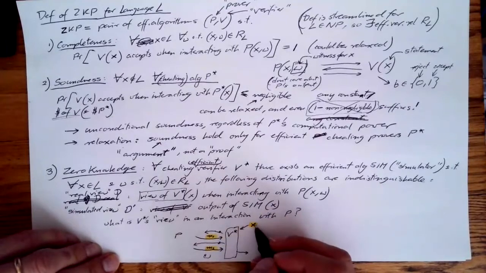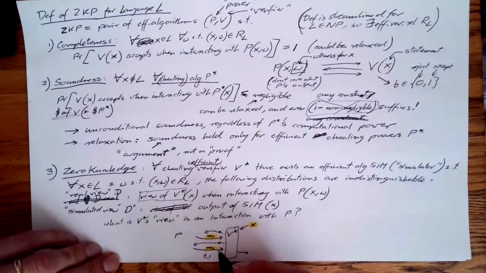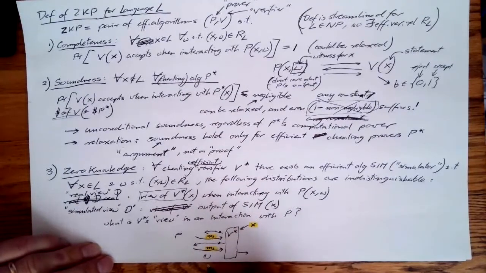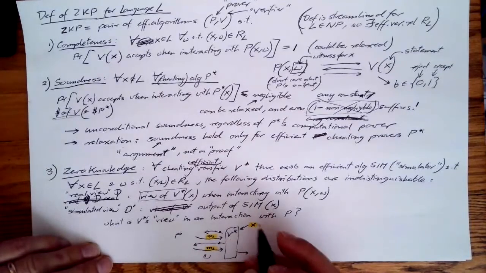This one was just on input X. This one was on input X and M1. So these messages are functions of the rest. It's the yellow stuff that basically, once you know what the yellow stuff is, this determines the execution of V star. But it does so only if it's a deterministic algorithm, yes?